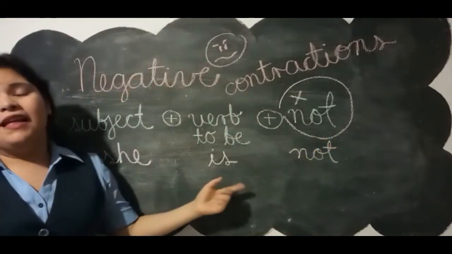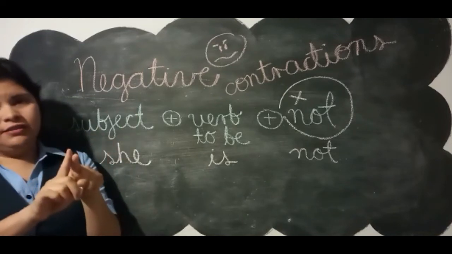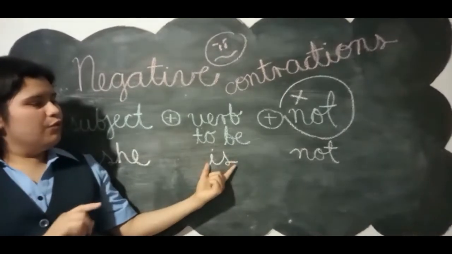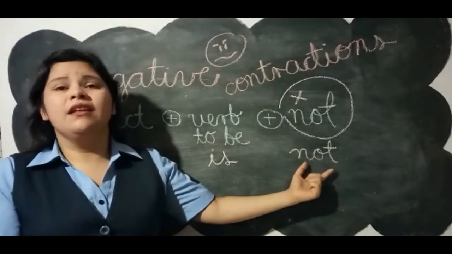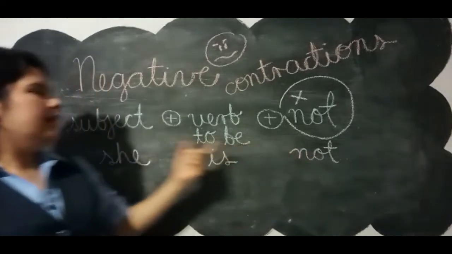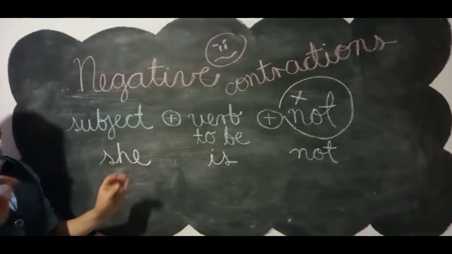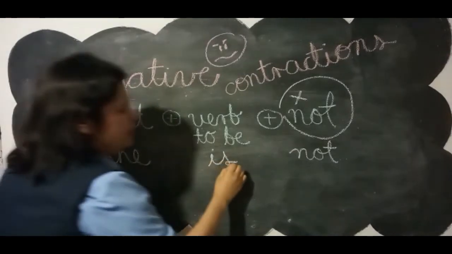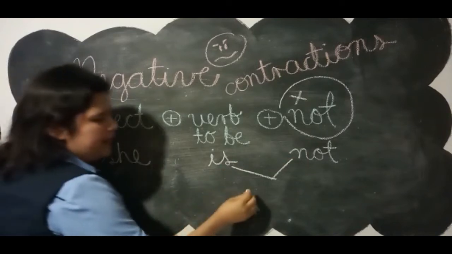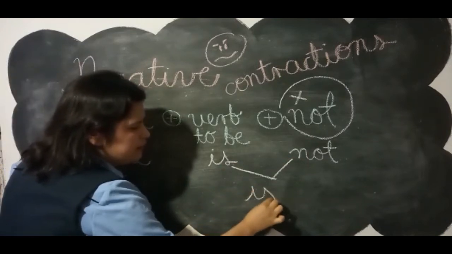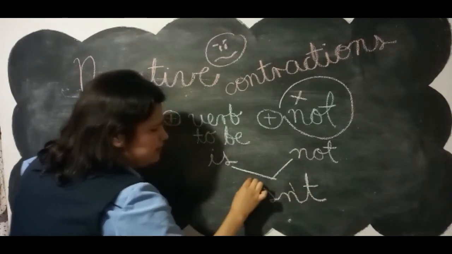To form the negative contraction, now we need to join the word that is the verb to be and the word not. The subject is going to be the same. For example, if we join is and not, it's going to be isn't.